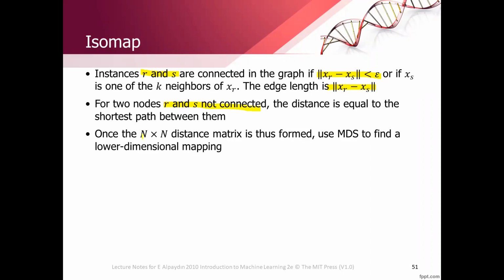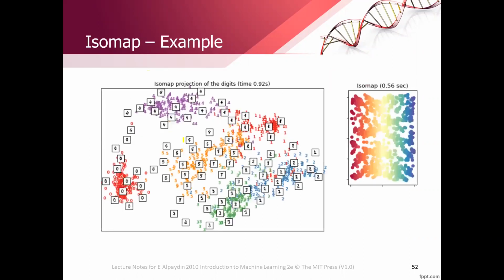And so we can actually compute all the distances between all pairs of the observations in the original space based on this geodesic distance. And then we can apply multidimensional scaling to preserve these distances. So in this way, the geodesic distance will be preserved after transformation.